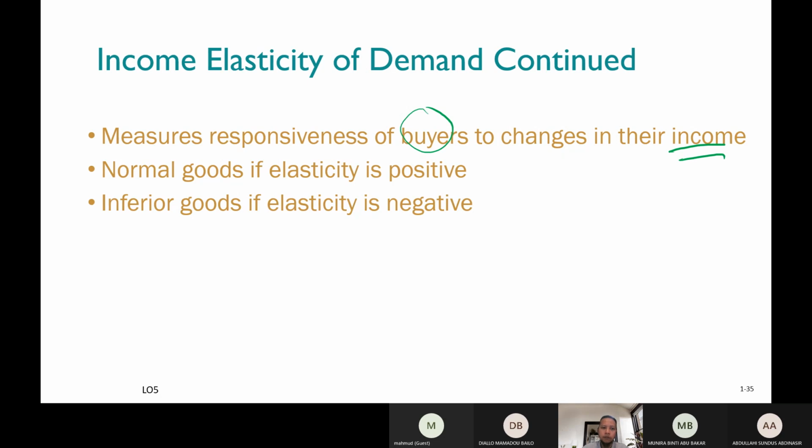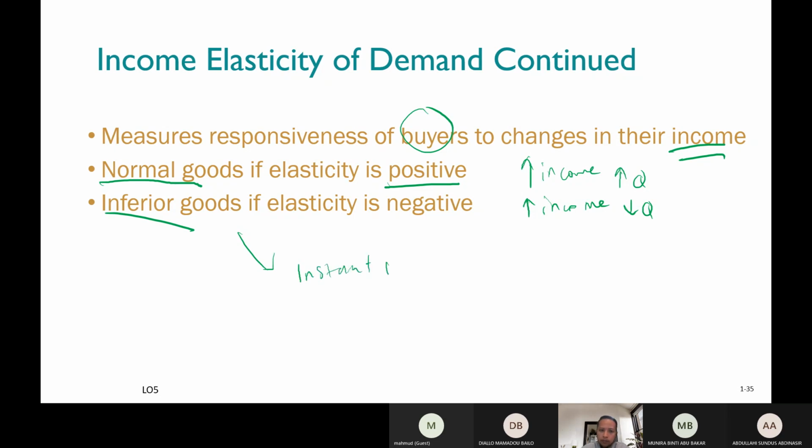Okay, so usually for a normal good, the elasticity is positive, meaning to say that the higher the income, the higher the quantity. But for inferior goods, elasticity is negative. So the higher the income, the lower the quantity that they buy. Okay, so this is inferior goods, for example, instant noodles.